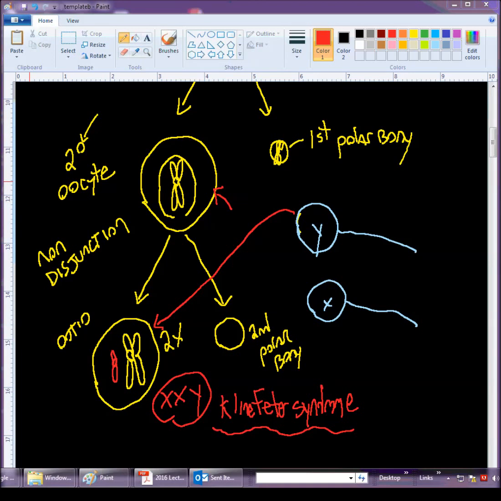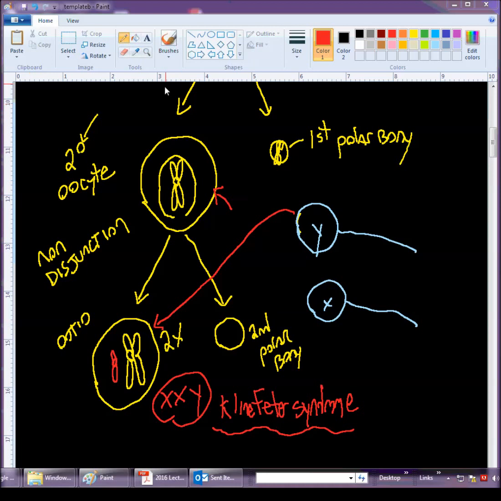So now, how can we end up with Turner syndrome? We could look at a bunch of different combinations, but the question just asks for Klinefelter and Turner. So let's just look at the types of non-disjunction and fertilizations that lead to Klinefelter and Turner. And now we're on Turner.